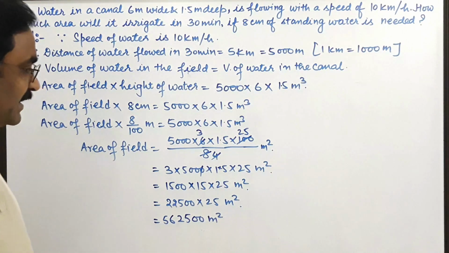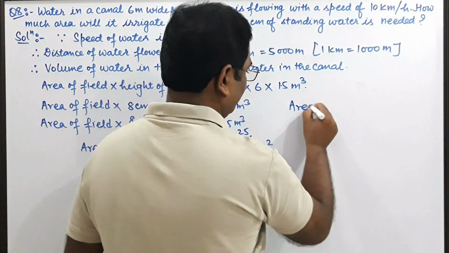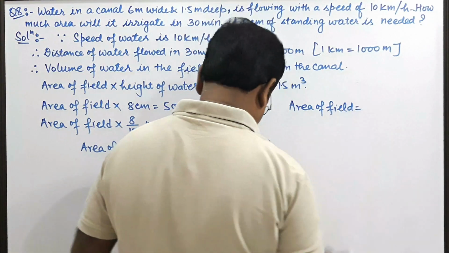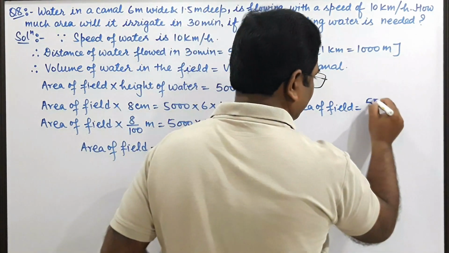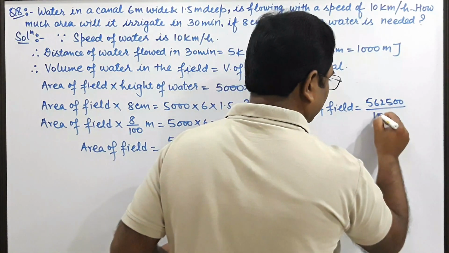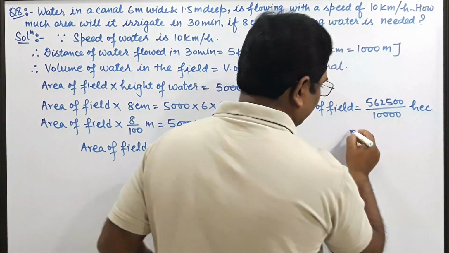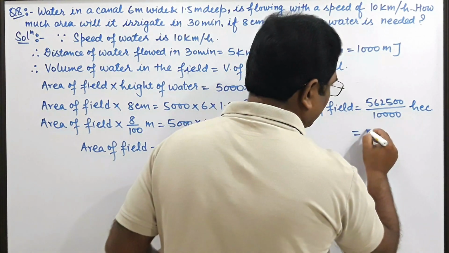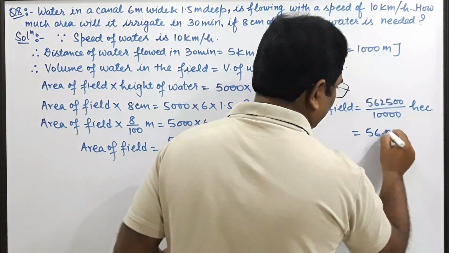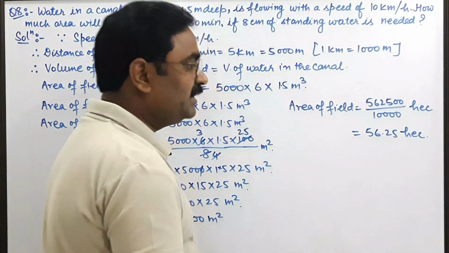So when you divide it by 10,000, the area of the field is equals to 5,62,500 divided by 10,000 hectare, that is 56.25 hectare is the area of field which is going to be irrigated.